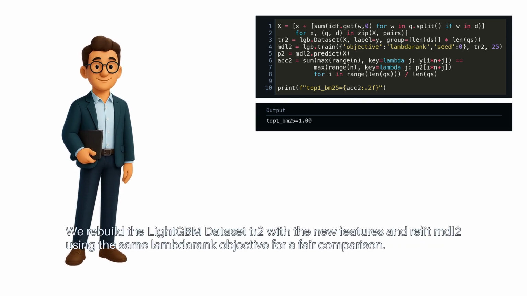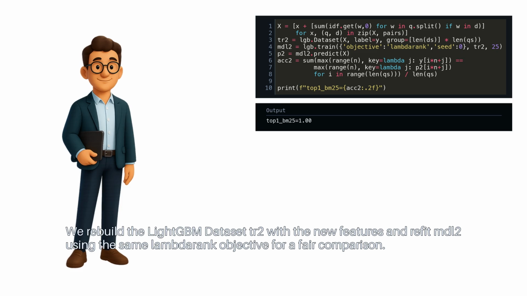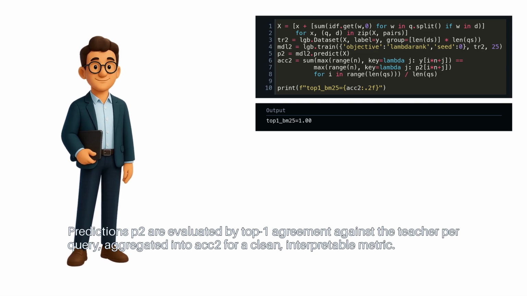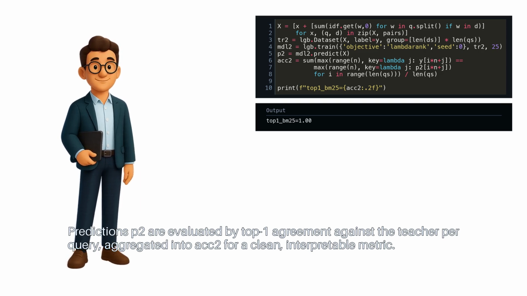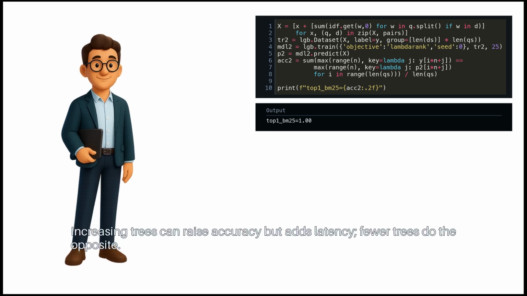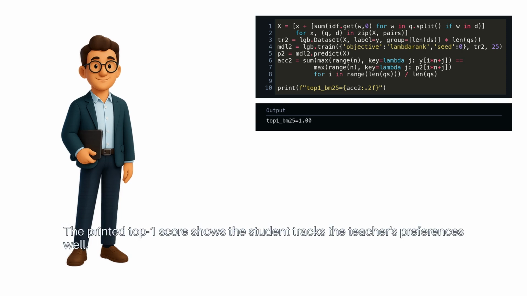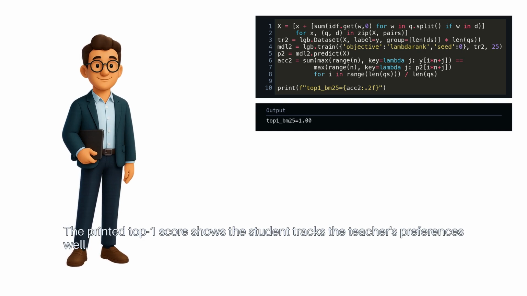We rebuild the LightGBM dataset TR2 with the new features and refit MDL2 using the same LambdaRank objective for a fair comparison. Predictions P2 are evaluated by top 1 agreement against the teacher per query, aggregated into Acc2 for a clean, interpretable metric. Increasing trees can raise accuracy, but adds latency. Fewer trees do the opposite. The printed top 1 score shows the student tracks the teacher's preferences well.